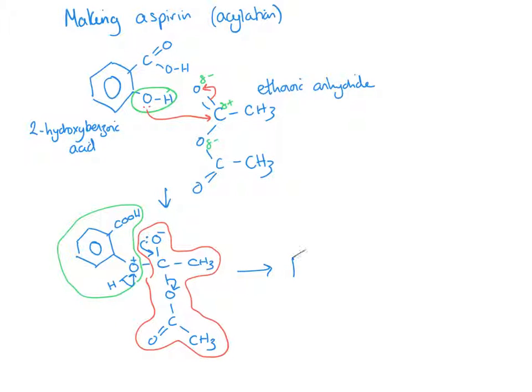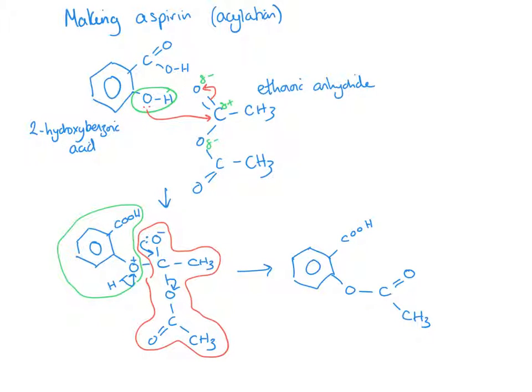And let's have a look at the resulting structure. So that's still got its carboxylic acid group up there. We've lost the hydrogen. The double bond has reformed. The CH3 is still there. Everything else is gone. So let's see what everything else has formed.